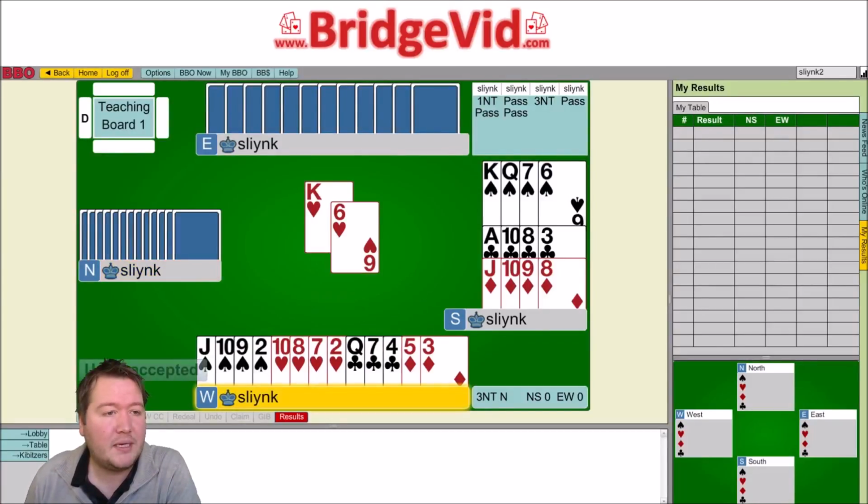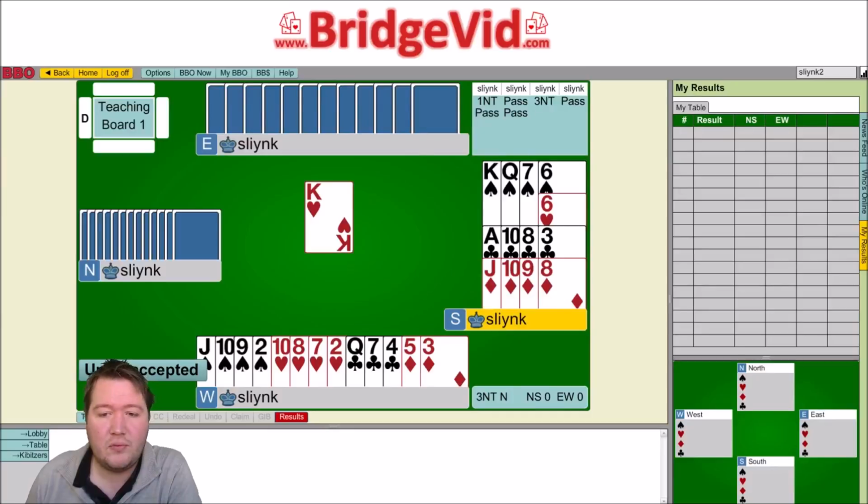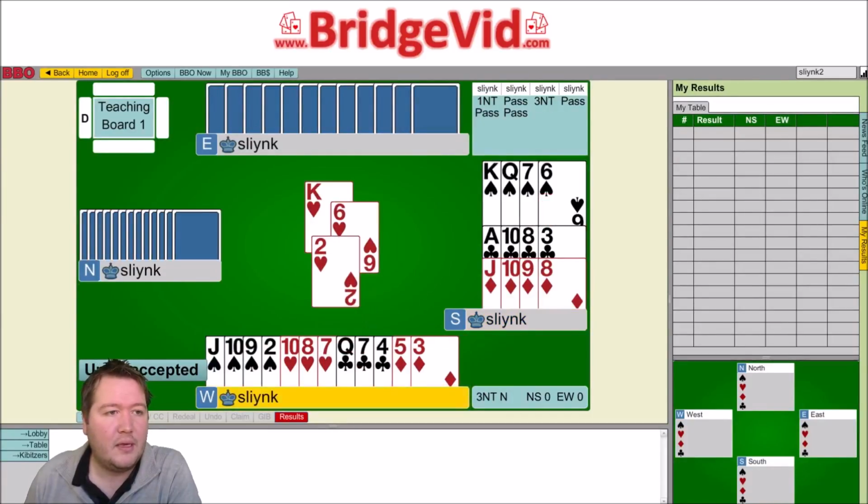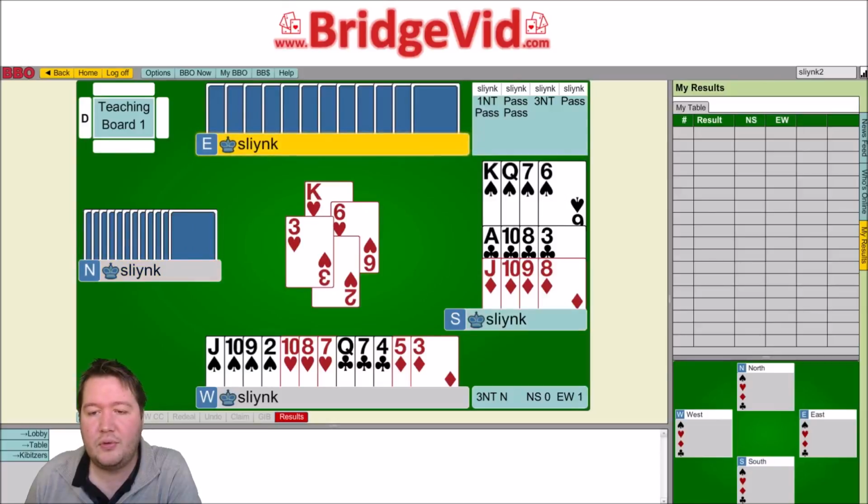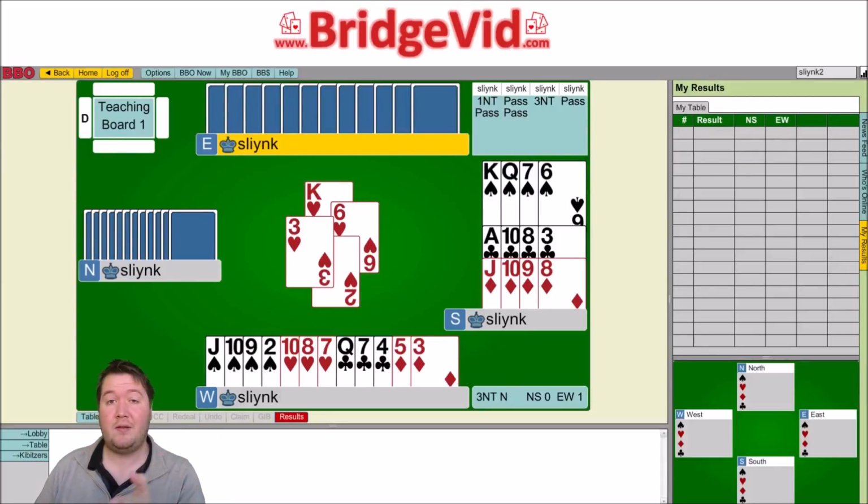If you play upside down or reverse count, you'd play a low heart and then a high heart to convey that you've actually got an even amount. So King of Hearts, then the 7 or 8 or 10, that would say that you've got an even amount. So for reverse count or upside down, that's switched around.